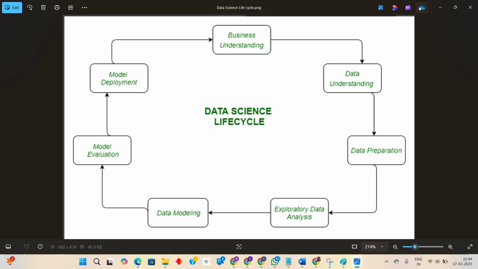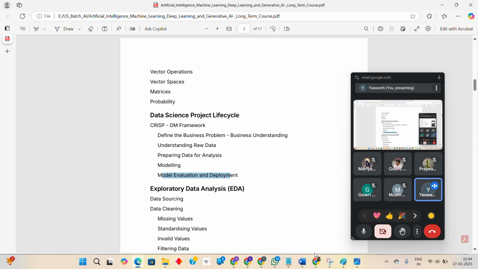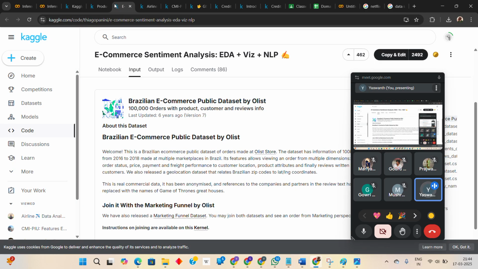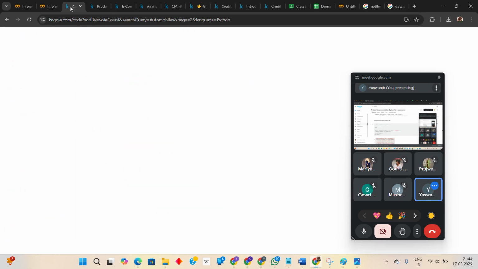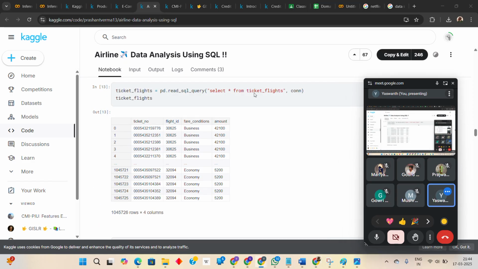That is why, here if you can see in Kaggle also, whatever the data set or whatever the things that we are working on, it is clearly doing the same thing.